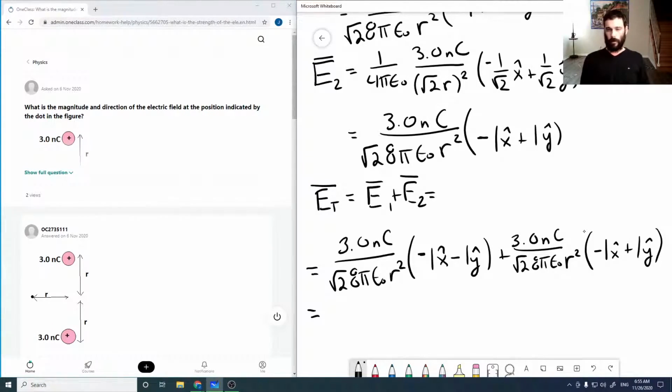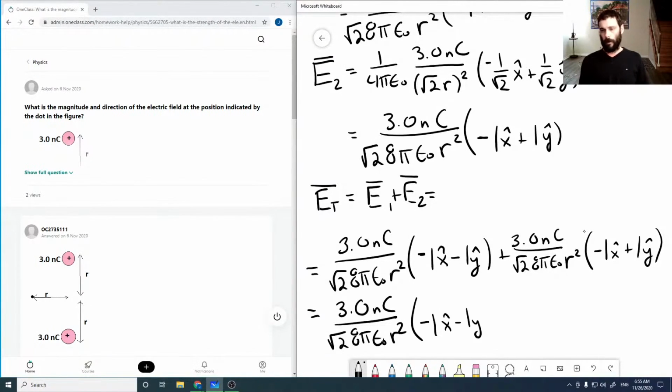We can pull out this prefactor because it's all the same, leaving us with just our vector math. So minus 1 x hat, minus 1 y hat, minus 1 x hat, plus 1 y hat. And so the minus 1 y hat and the plus 1 y hat are going to cancel.